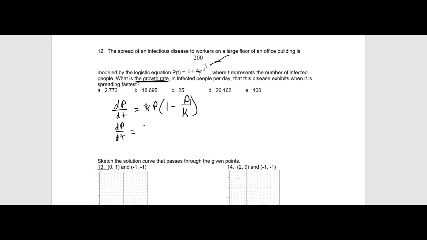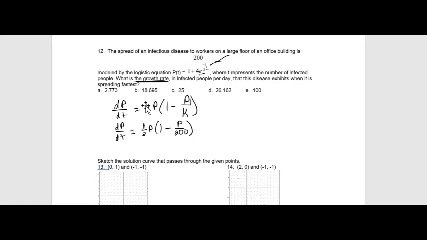So we have our e here, negative kt. The fact that that's a negative 1/2 tells you that your k, little k, is actually a positive half. And then our population, 1 minus our population, divided by our carrying capacity. By looking at that differential equation of this model, we would know is 200. This is one thing we hadn't really talked about, I don't remember. We may have talked about it, we may not have.